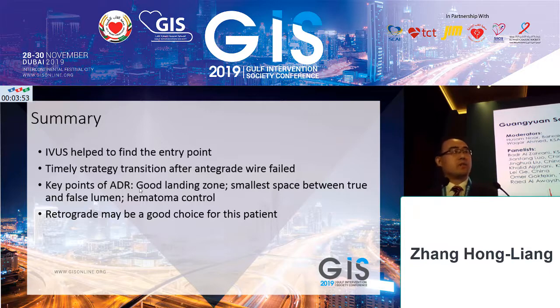For CTO lesions with a good landing zone beyond the occlusion, ADR has a great chance of success. And hematoma control with antegrade blood blockage and hematoma aspiration through the Stingray balloon is the key point of successful ADR.